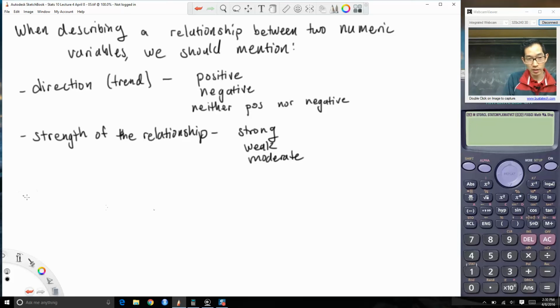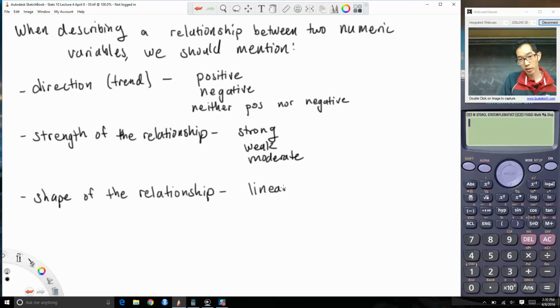Okay, and then the shape of the relationship. Okay, and as far as this class goes, we will either have linear or nonlinear.